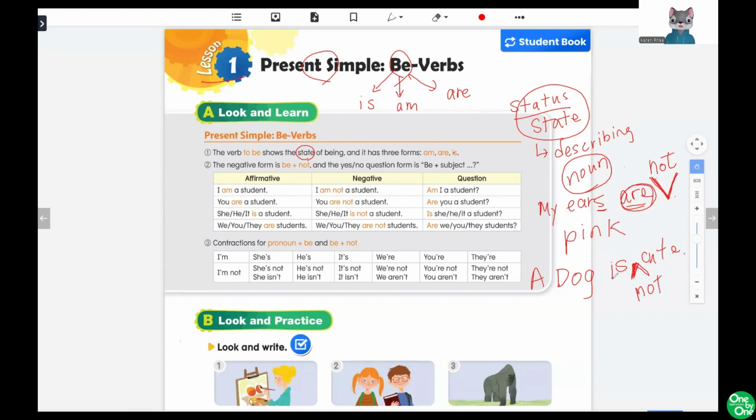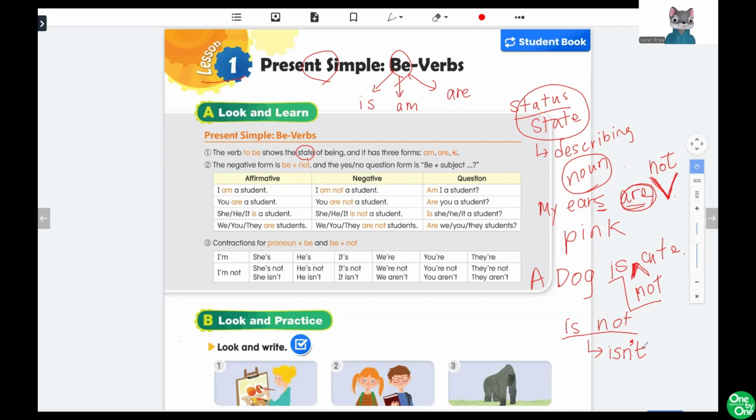Now, we can make this shorter. Is and the not can be contracted to make a short word. Not just 2 words, we can make it into one. That's simply is and then instead of the O, put an apostrophe and put a T. We don't pronounce it as is not, we pronounce it as isn't.